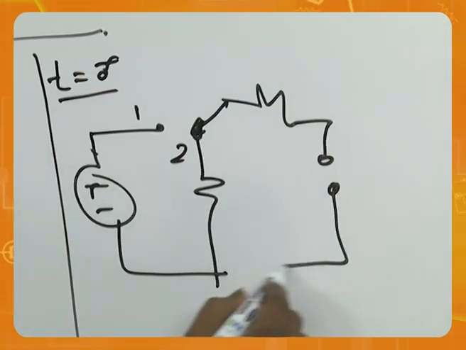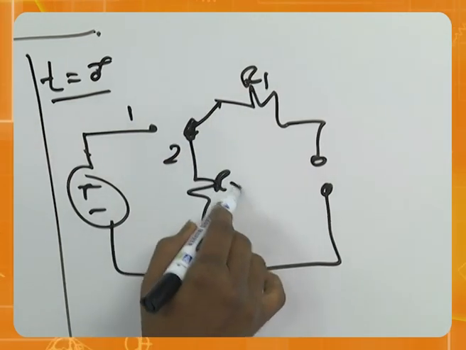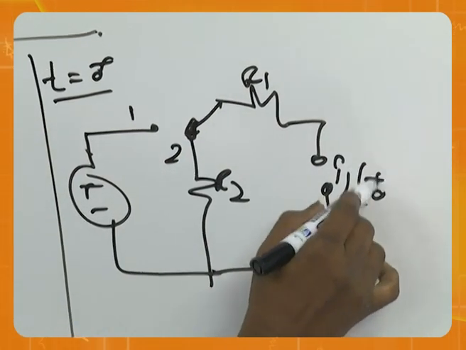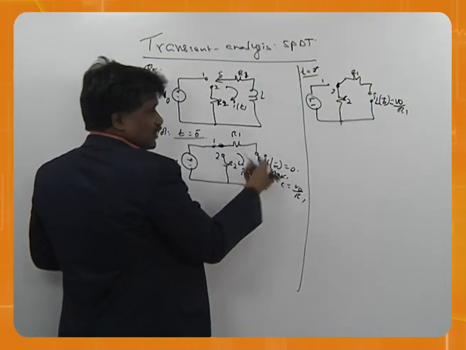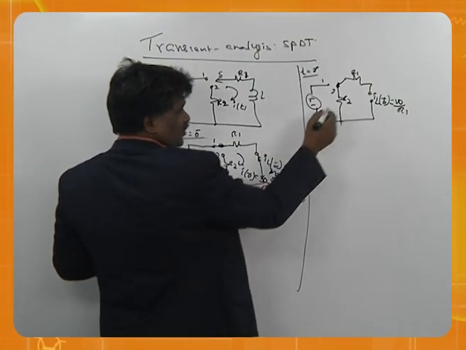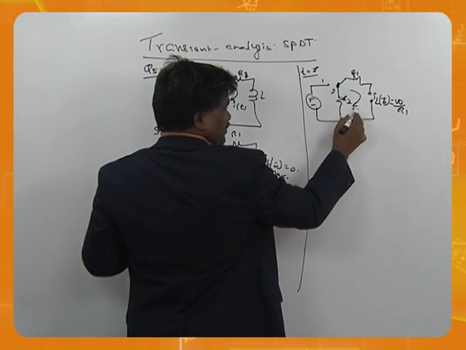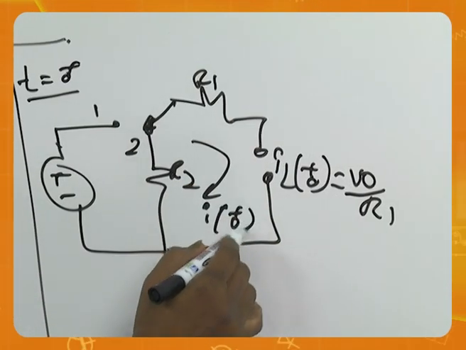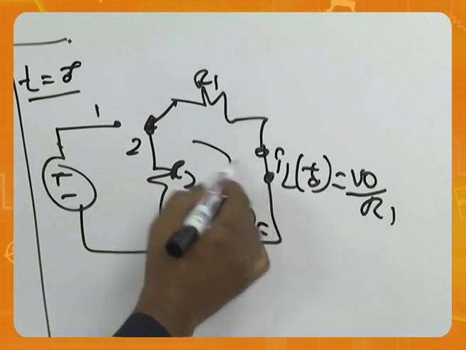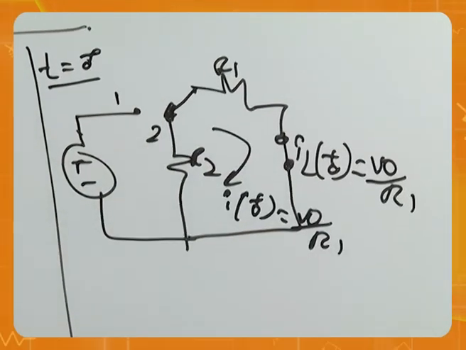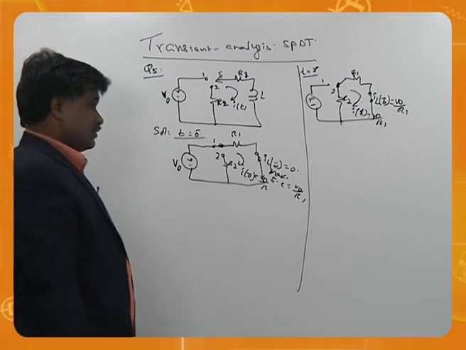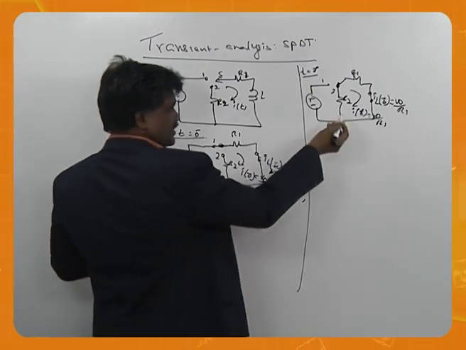Now what will happen to the inductor? Inductor current cannot change instantaneously. So whatever is here should come there. Because this current is the same, it is also not changing. It is very interesting to see why it is not changing.